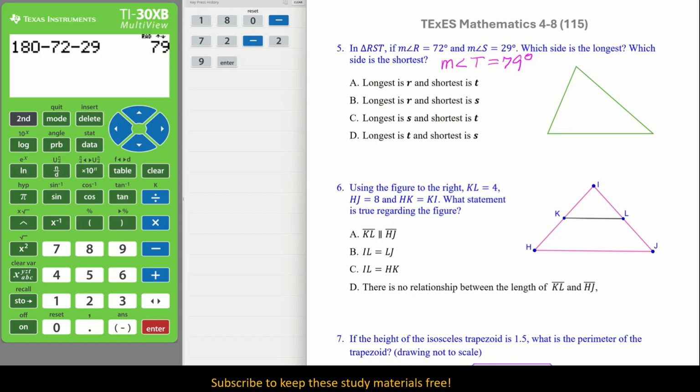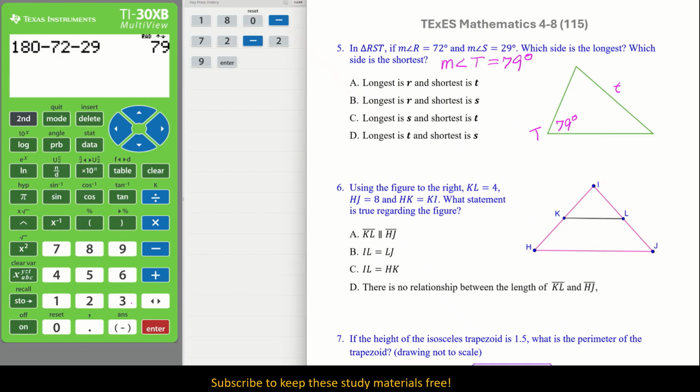Now, I provided a blank triangle so you could label it and see it. So this angle here looks like it's the largest because 79, 72, kind of close visually. So let's just label and call it good, right? But then we go across from that. This would be T, and that would be the longest, okay?